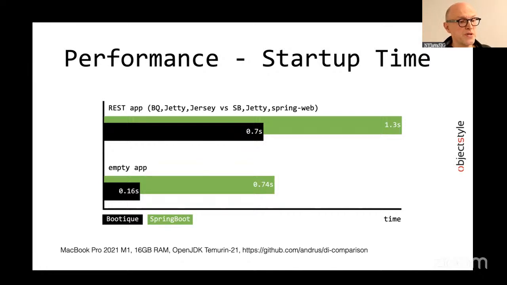So the Boutique application on that hardware started in 160 milliseconds, and the SpringBoot application started in 740 milliseconds. And this is an empty app that does nothing. So it still takes almost a second to start it.